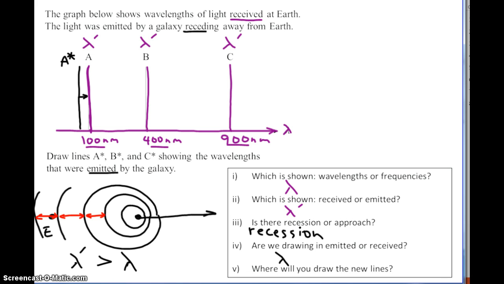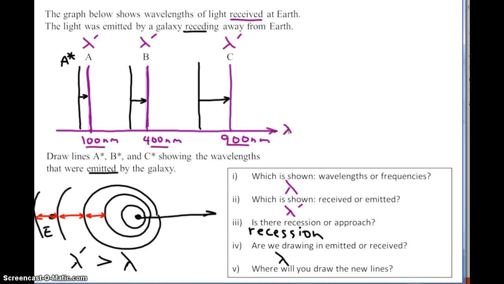And likewise, this line B, we are seeing a longer wavelength than was emitted. The emitted wavelength was here, and because of the recession, it was shifted up to a higher value. C, the same situation. It started out as a lower wavelength, and it was shifted up.